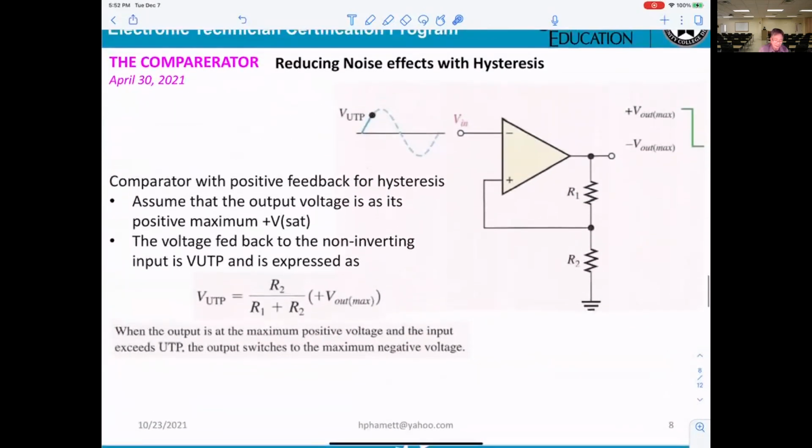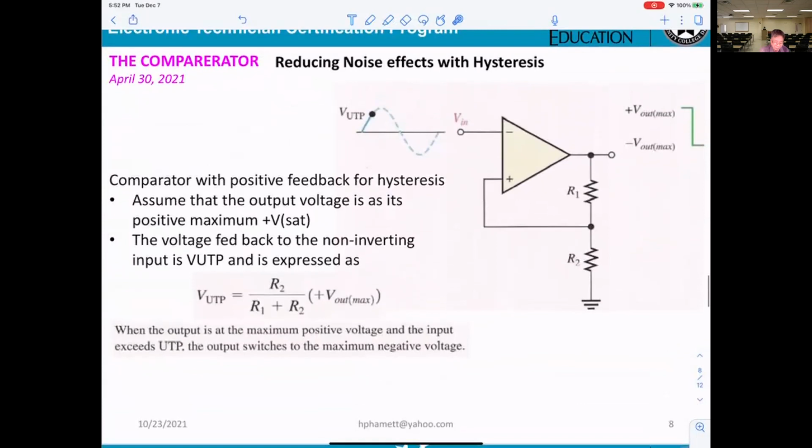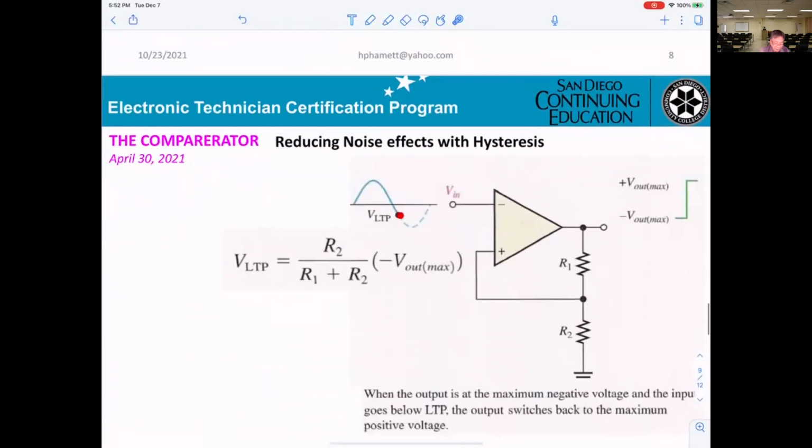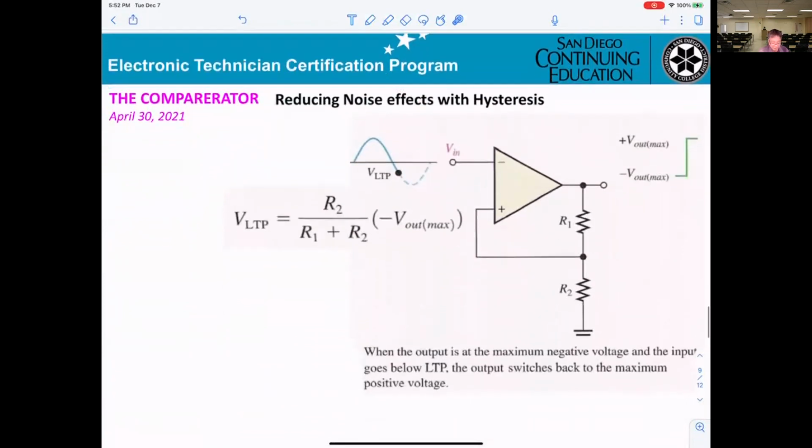So when your input is higher than the upper trigger, the output changes from positive saturation to negative saturation. And when it is in negative saturation and the input goes below the lower trigger, it goes back to positive.